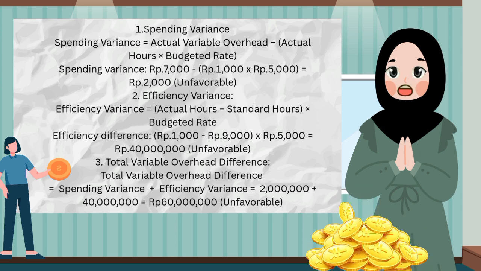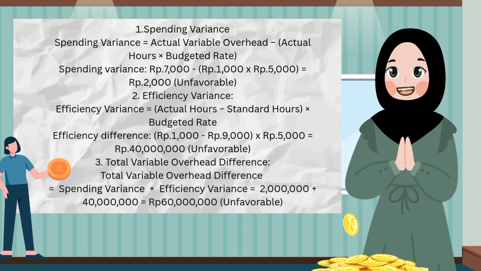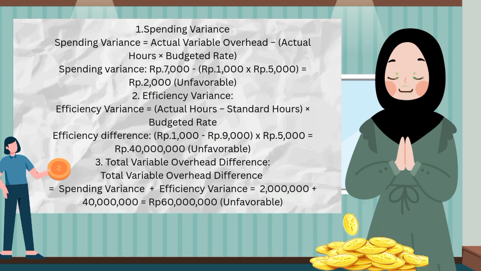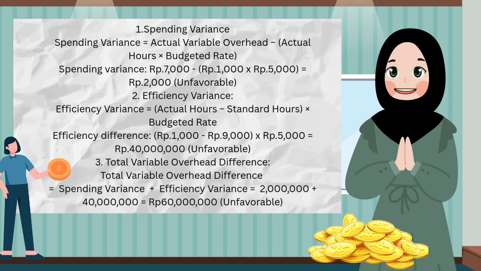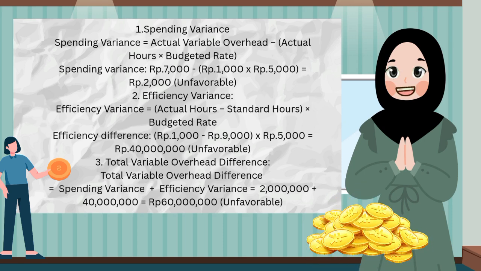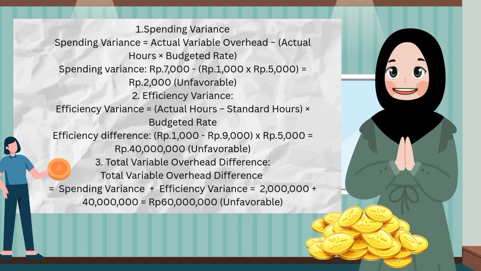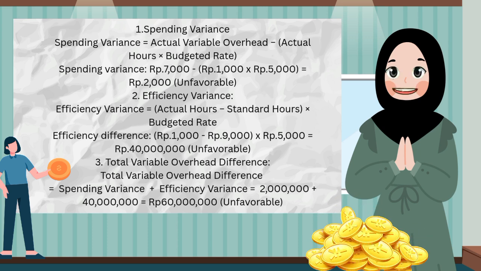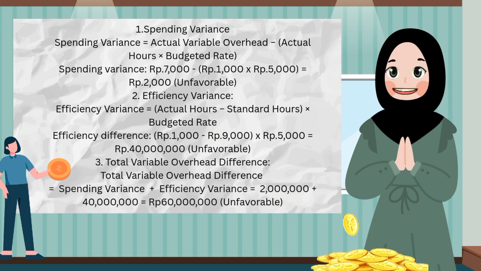The formula for efficiency variance is actual hours minus standard hours multiplied by budgeted rate. So efficiency variance equals 10,000 minus 9,000 multiplied by 5,000 rupiahs. The total is 5 million rupiahs, and this is unfavorable.